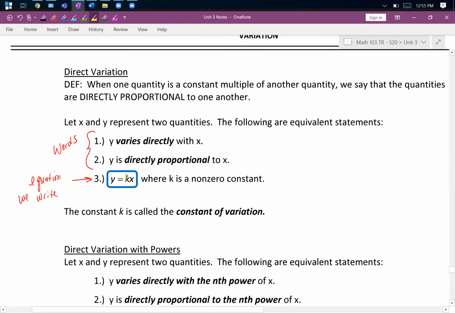K is our constant of variation. K is always located in the numerator. I know right now we don't have a fraction, but with some of the other variation, we're going to end up with fractions. So k is always there. It's always in the numerator. When I think of variation, if I hear the word direct, direct variation, right away, I think of multiplying k by something.